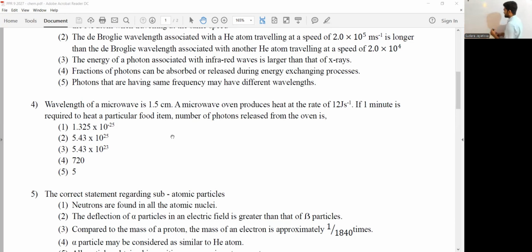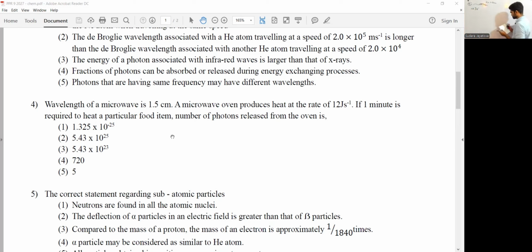So in the fourth question, there is a microwave with a wavelength of 1.5 centimeters, and this oven is producing energy at a rate of 12 joules per second.